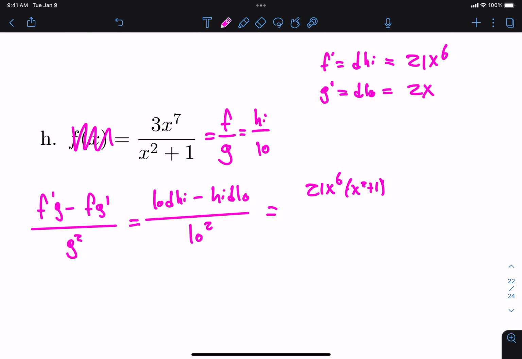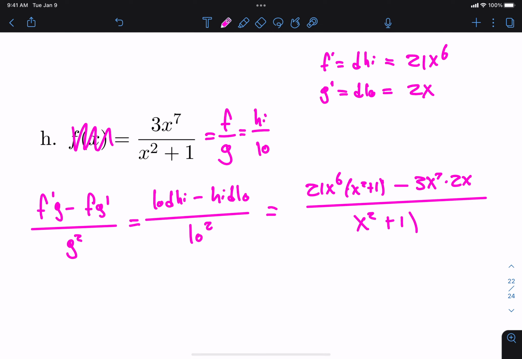And then minus. And now we need f g prime. So the regular numerator, which is 3x to the 7, times the derivative of the denominator, which is 2x. And we take this whole thing and divide it by x squared plus 1, quantity squared.